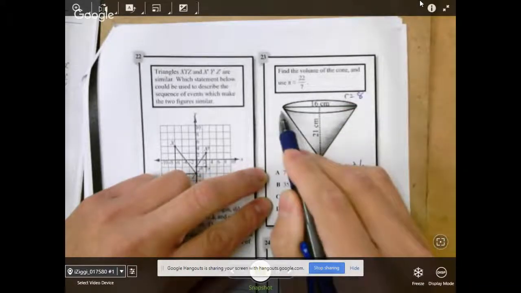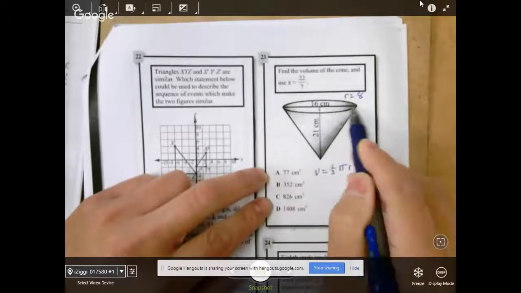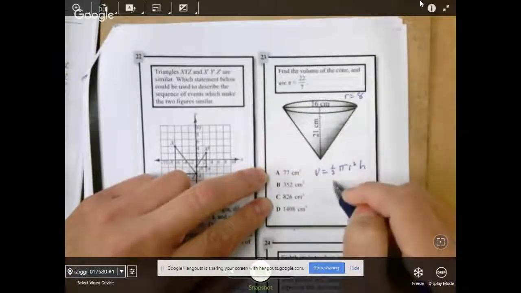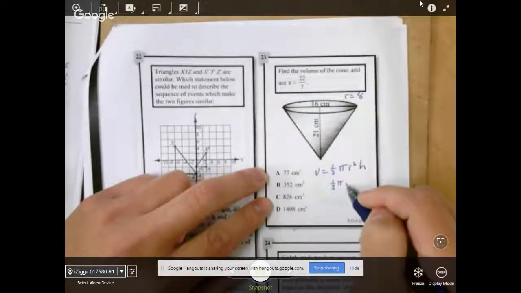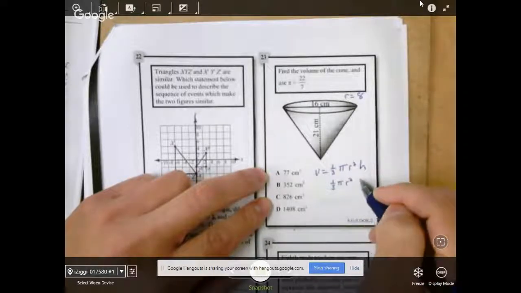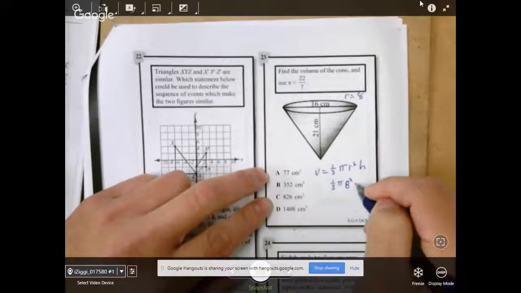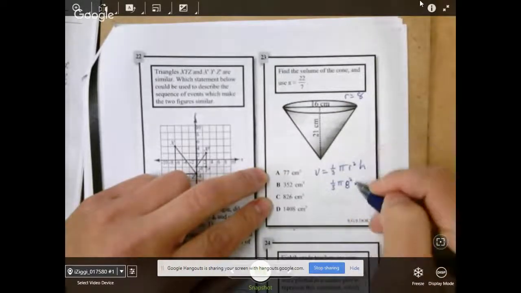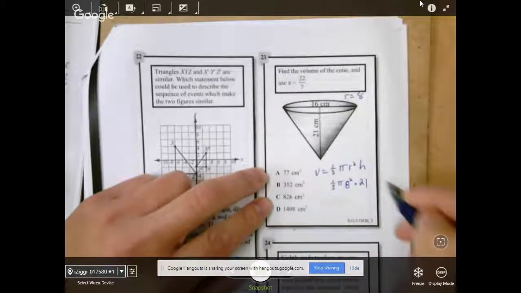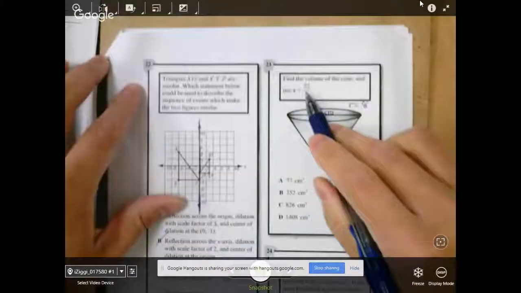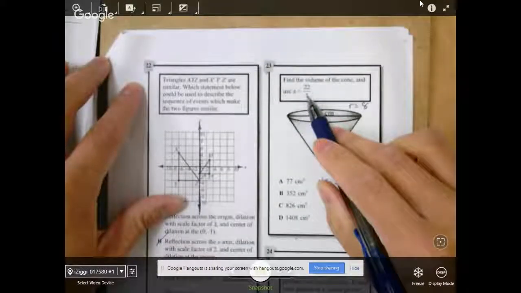So you have 1/3 pi r squared h, and r is 8. So let me put that in. 8 squared times the height, right? The height is 21. It says to use pi as 22/7. I'm just going to use 3.14. It doesn't matter.